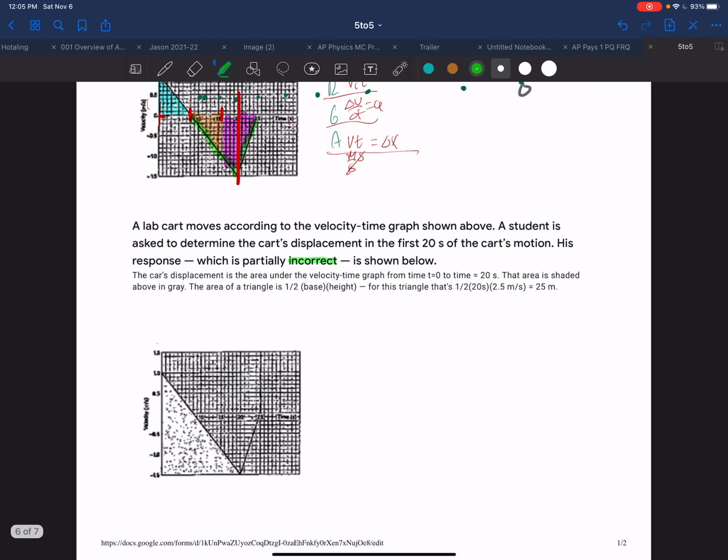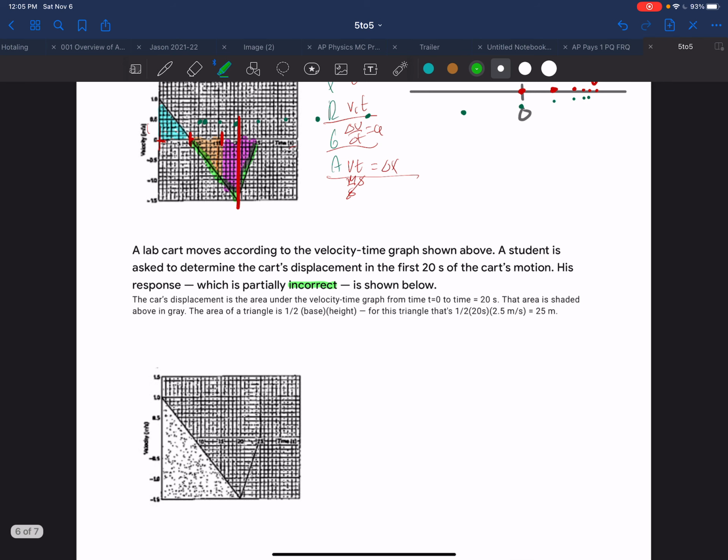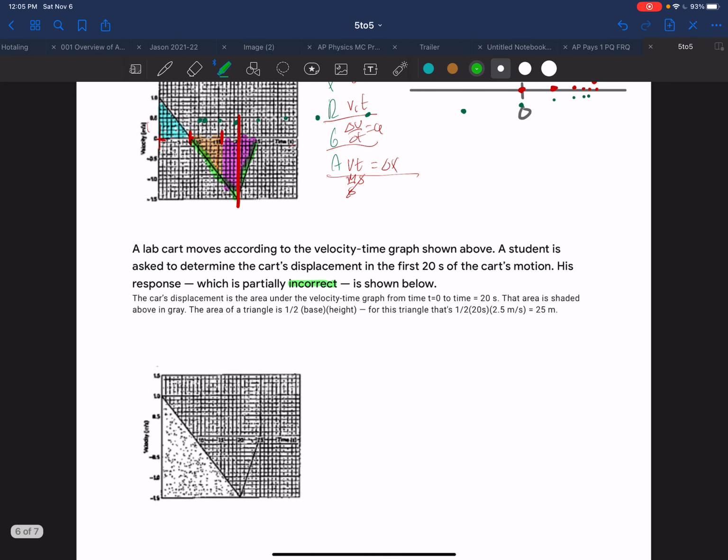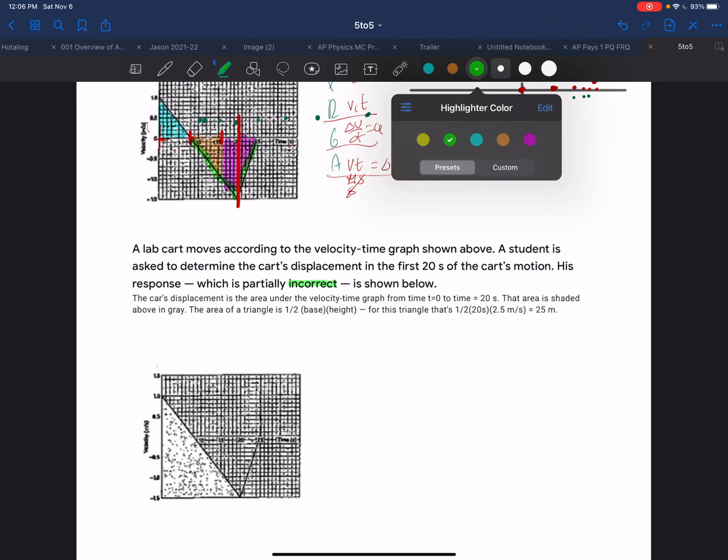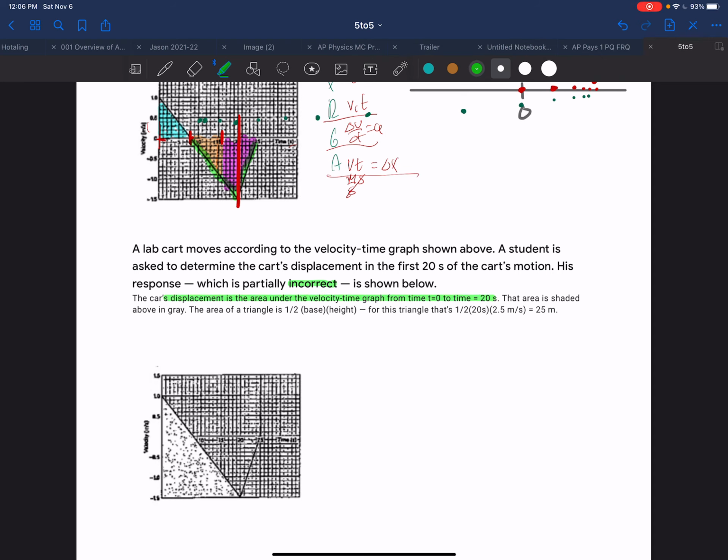So let's see. The cart's displacement is the area under the velocity time graph from time 0 to 20 seconds. So we take this first clause, and this is true or correct. The area is shaded above or below in gray down here.